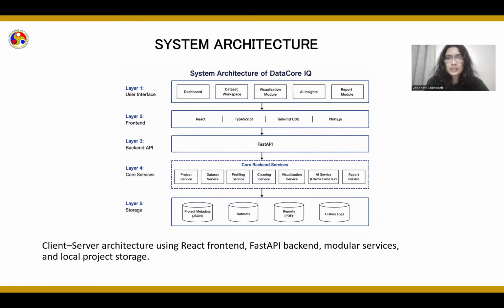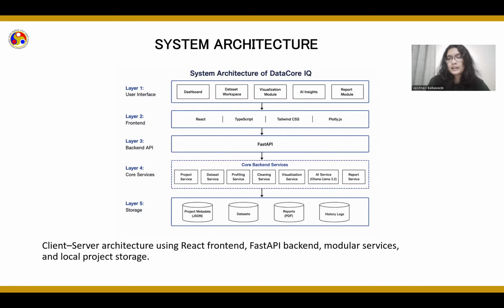This is the system's architecture that was implemented. As you can see, layer 1 is all the front end, which consists of the dashboard, dataset workspace, the visualization module, the AI module, as well as the report module. The technology used for implementing the front end is React, TypeScript, Tailwind CSS, and Plotly.js.